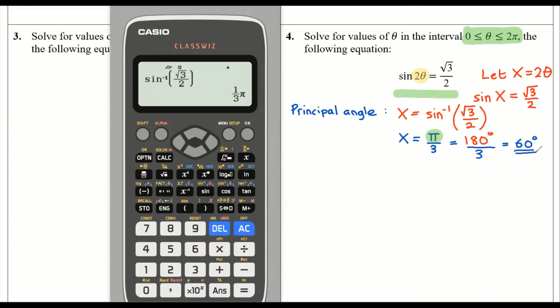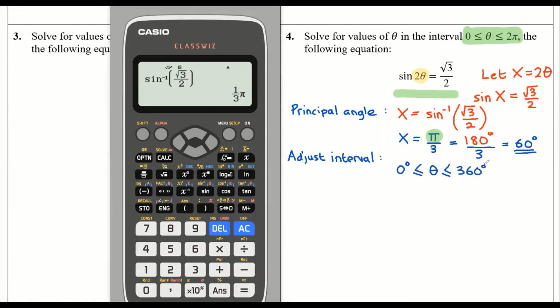What we also need to do next is adjust our interval. And we can convert to degrees as well. So if we change our interval to degrees, first of all, 2 pi, remember, is 360 degrees.